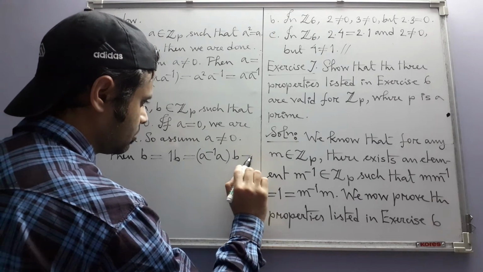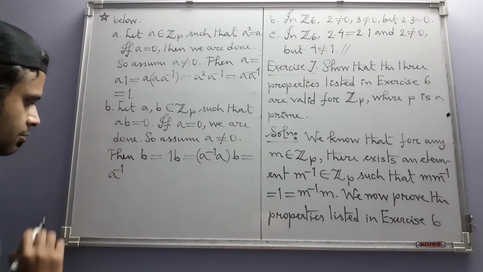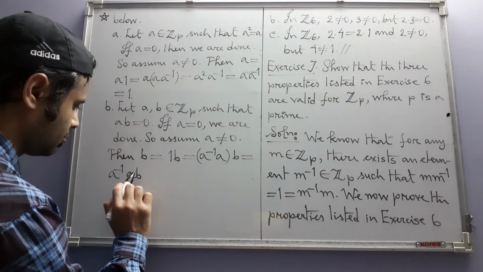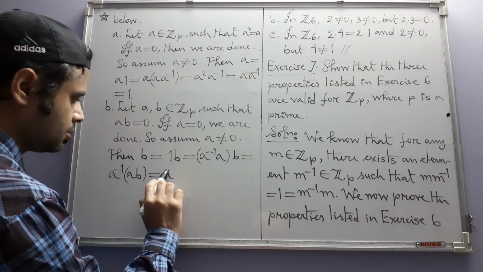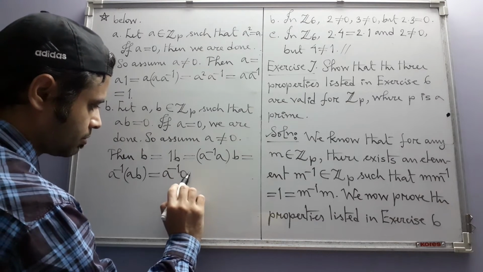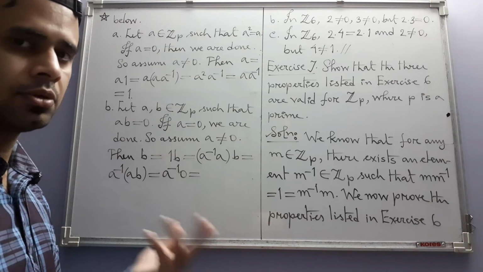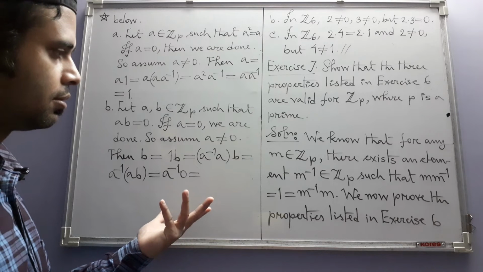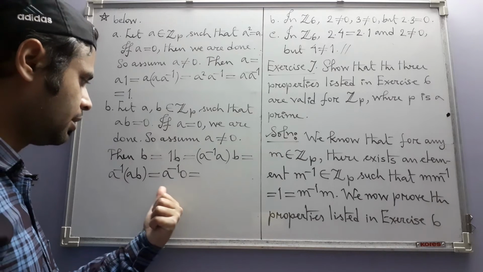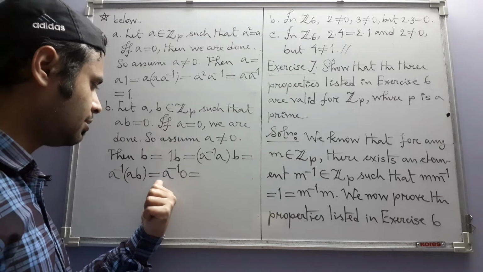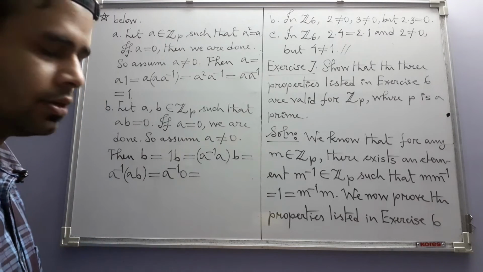Again use the associative law of multiplication and have this product. Now AB is given to be 0, and we have those properties in this chapter itself, which say one of those elementary properties in a ring says that if you take the product of any ring element and 0, then you get 0.